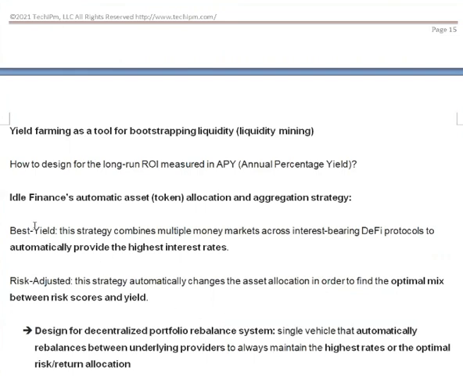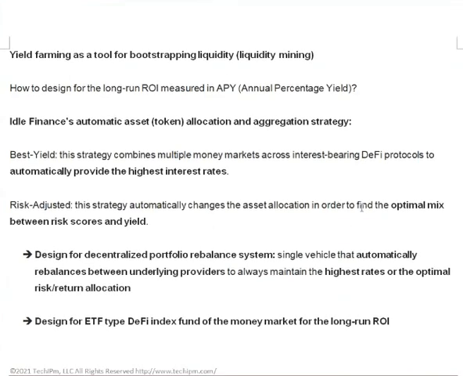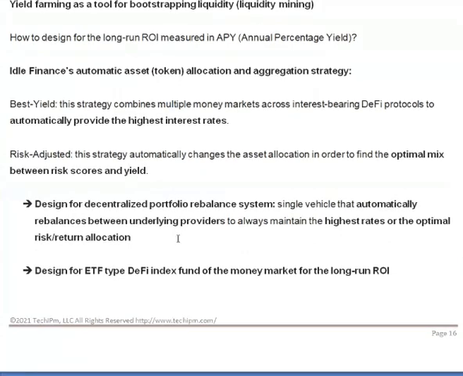Here is one example: Idle Finance puts in an automated asset allocation aggregation strategy. They go for the best yield, meaning the highest interest rate or risk adjusted, so between risk and yield. Design wise, this is a rebalance system that automatically rebalances between underwriting providers to maintain the highest rate and optimal risk return allocation.